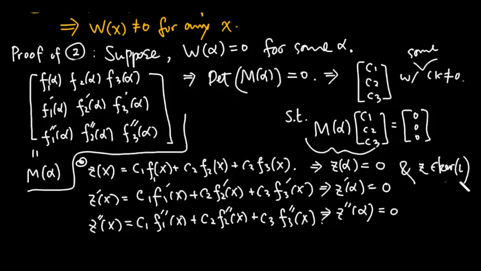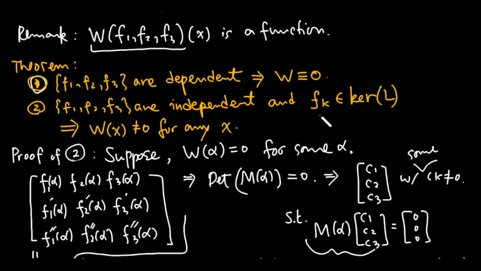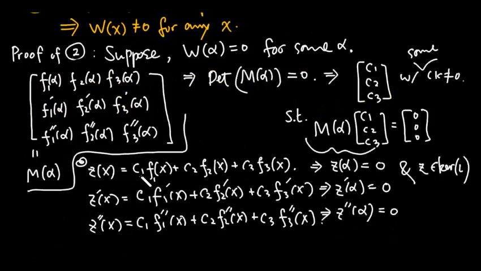It is a solution to the homogeneous equation. Why is that? Because it's part of the condition that the individual functions f1, f2, f3 are from the kernel. These are solutions of the homogeneous equation. That's why this combination that we considered is still inside the kernel. So we use that condition.